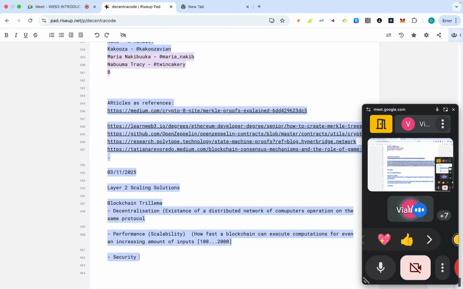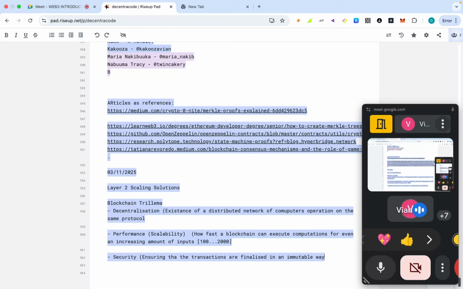And then for security, this is simply about ensuring that the transactions are finalized in an immutable way.